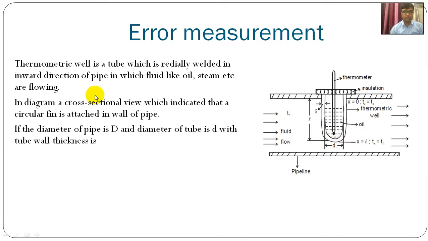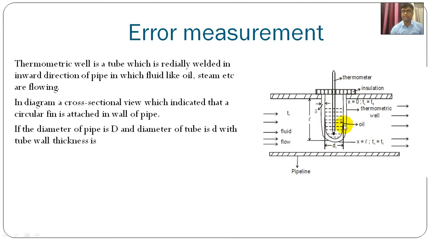So the diameter of this pipe is D, diameter of the pipe in which a fluid like a steam, oil, etc. are flowing, which has a uniform temperature TF. And in this one, a radially welded inward direction, this is the thermometric well.